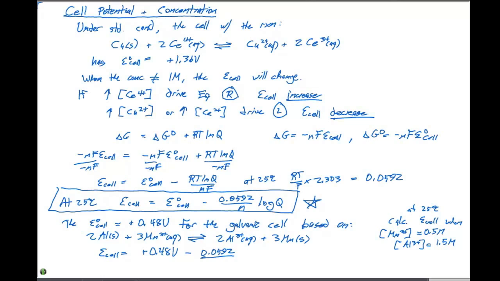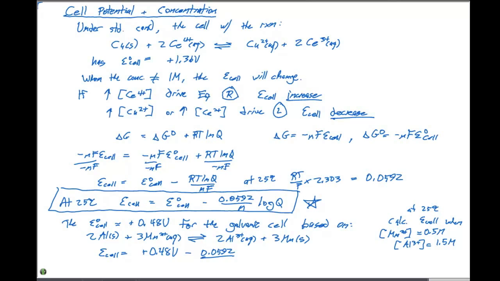So if you have 3 electrons being transferred with 1 mole of each of those, if you have 2 of them there, we're going to have a total of 6 electrons. With the manganese 2+, you have manganese 2+ going to manganese. That's going to be a difference of 2 electrons. We have a coefficient of 3 there, so that's also going to give us 6.